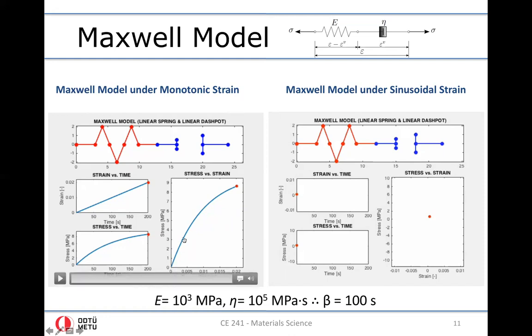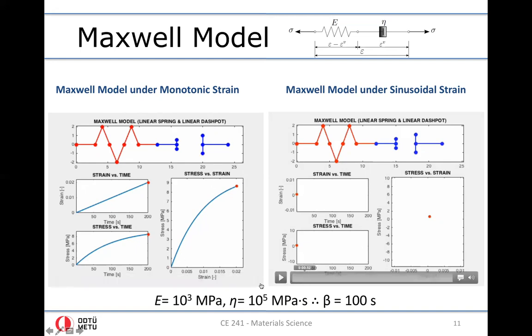And this deviation from the linear elasticity is due to the opening of the dashpot that essentially relaxes the elastic response. You see, since the dashpot opens as you deform, the spring doesn't deform as much as we pull the Maxwell model. Therefore, the stress strain response becomes much more compliant than you would observe for purely elastic material.